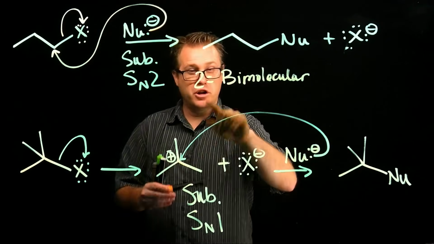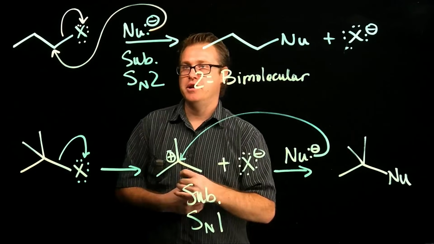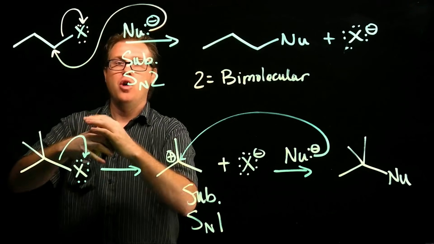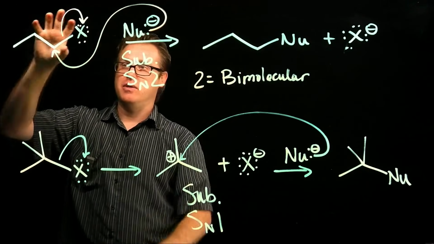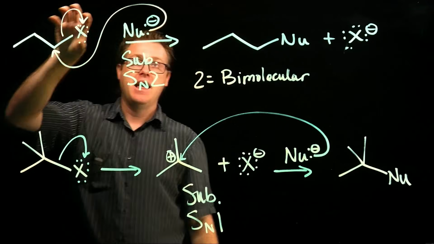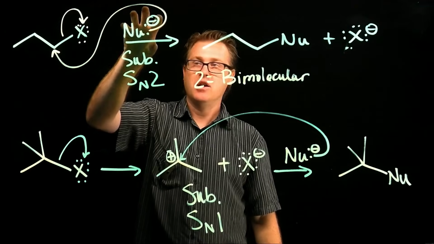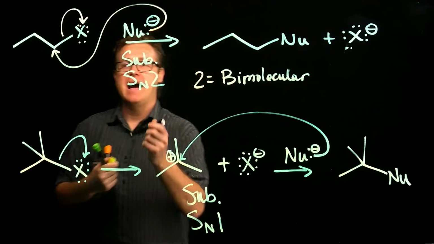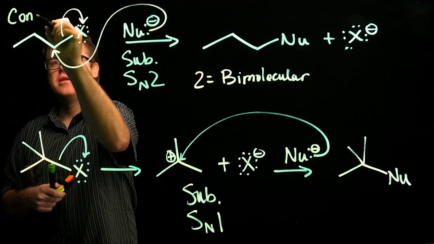Bimolecular, or the 2, is referring to that in this SN2 reaction, we have 2 molecules. We have the alkyl halide and the nucleophile reacting at the same time. And we call that a concerted reaction.